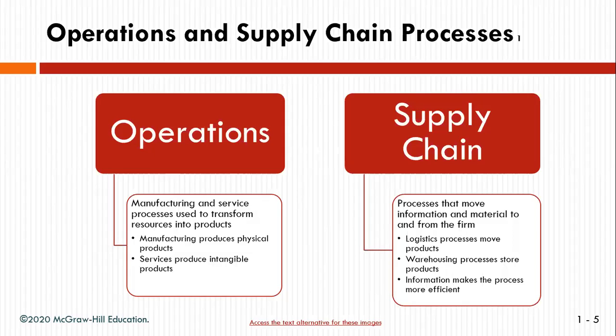So how we move the products within the organization, within its manufacturing, or between one supplier and another customer or supplier. And the second part is the warehousing and the procedures of warehousing, and the information makes the process efficient.